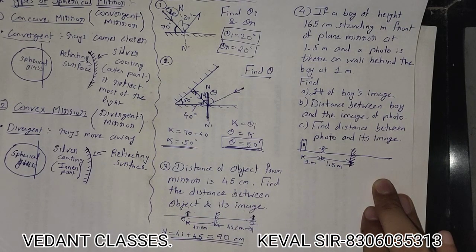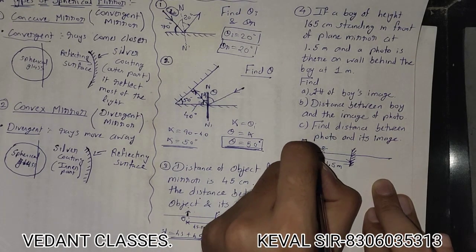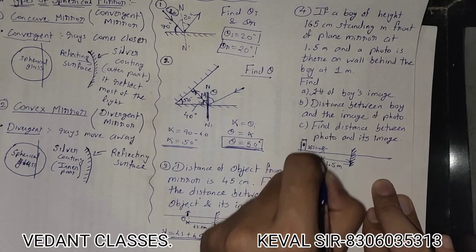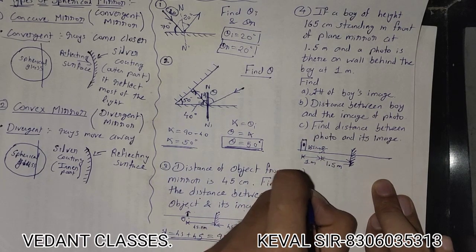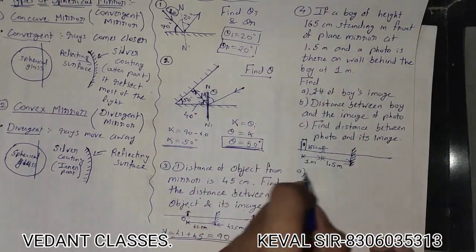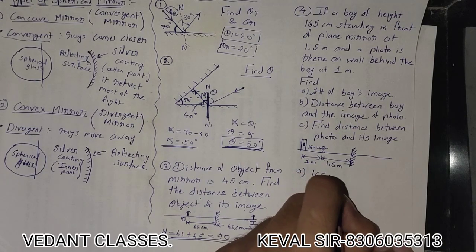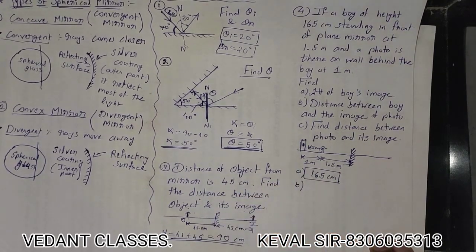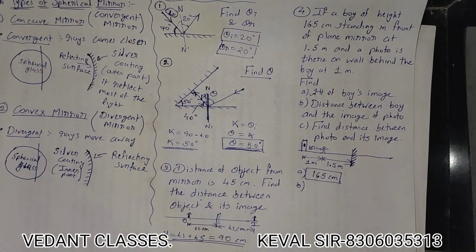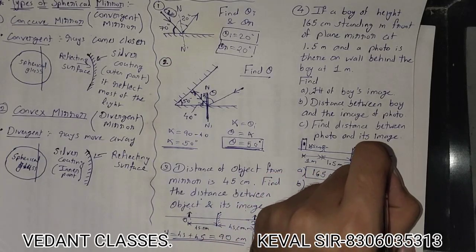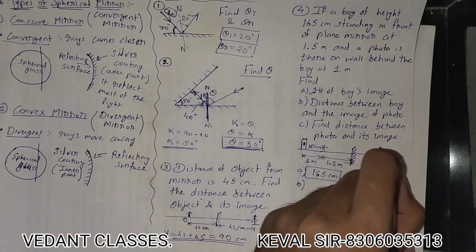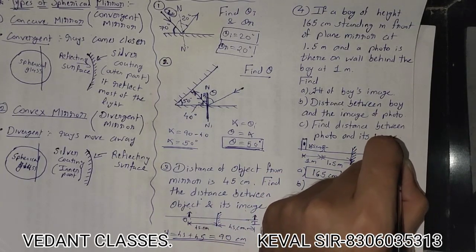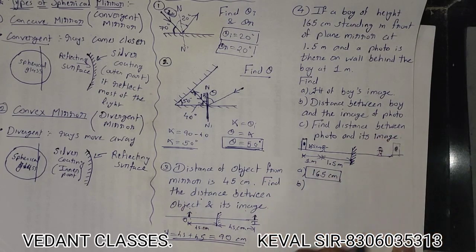So first of all, the height of the boy is 165 centimeters. So the answer for the first one, the height of the boy's image, will remain the same, 165 centimeters. Now let's see the second one, the distance between the boy and the image of the photo. You can see that the image of the boy will be here and the image of the photo will be somewhere over here.